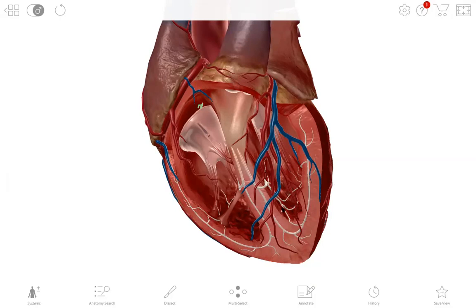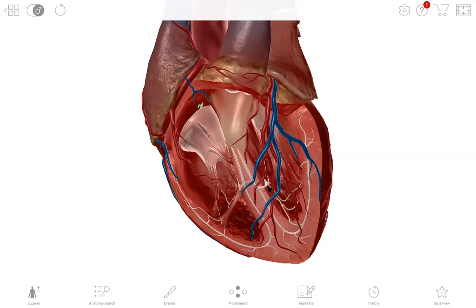Okay, if we come to talk about the blood supply of the heart, part of it is from the blood inside by diffusion, and a major part of it is from special blood vessels called the coronary arteries. The coronary arteries are the name of the blood vessels that supply the heart.